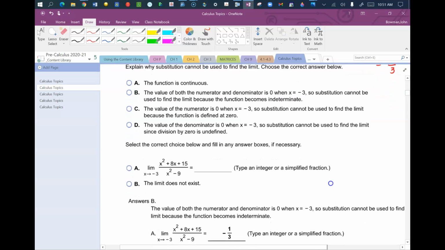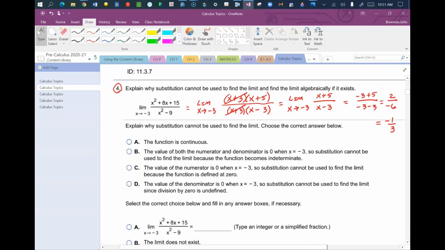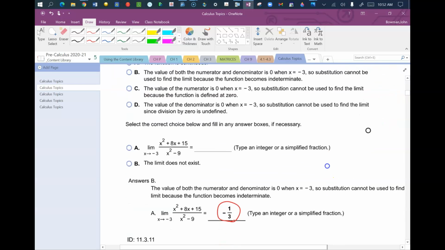So, if you look down here, you'll see the solution is negative 1/3. So, if you try substitution and it does not work, try simplifying algebraically and try substitution again. Sometimes you might have to do that a couple of times before you're successful.